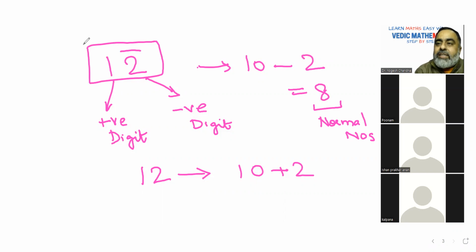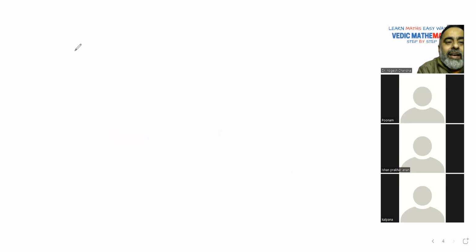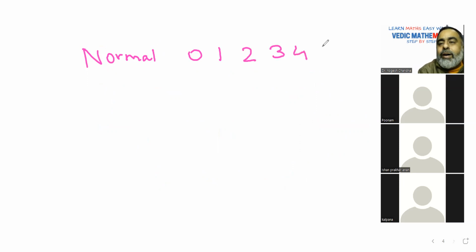A single digit number is converted to 2-digit numbers. Now you'll be saying, then what is the use of vinculum numbers? A single digit number we have converted to 2 digits. Yes, we have converted. But why? In normal maths, normal numbers, we have 0, 1, 2, 3, 4, 5, 6, 7, 8, and 9.